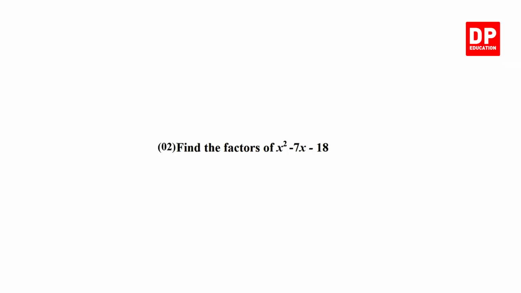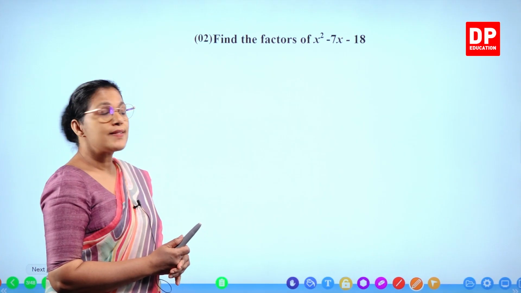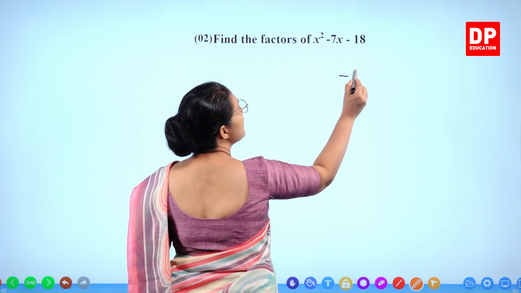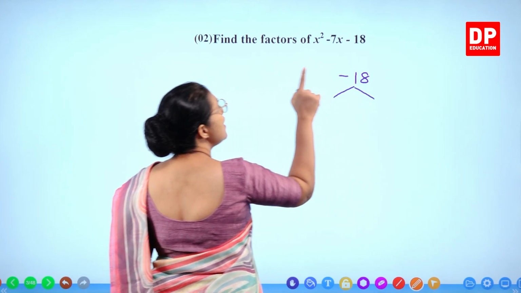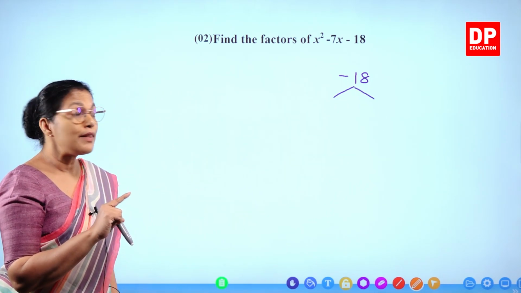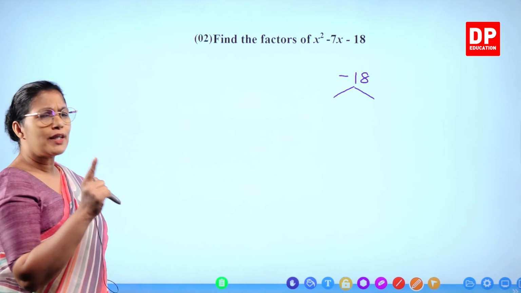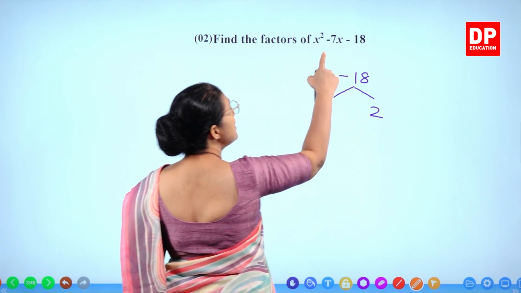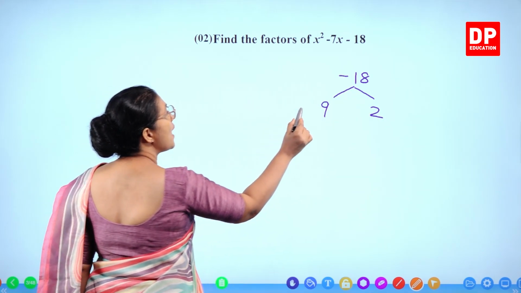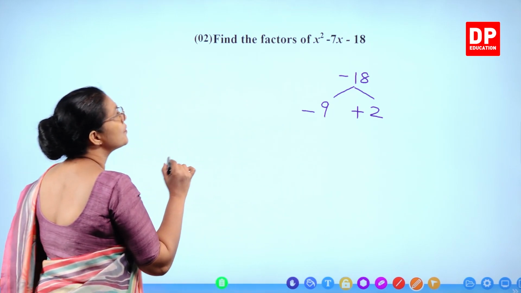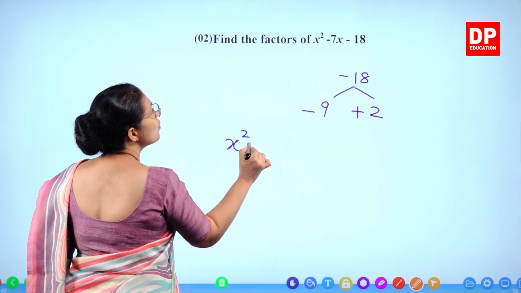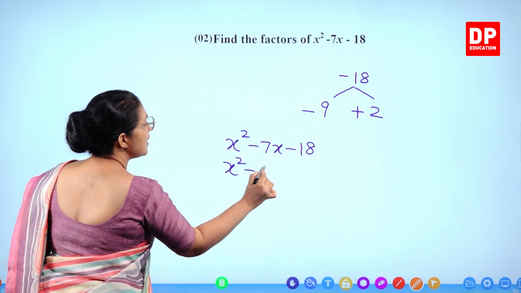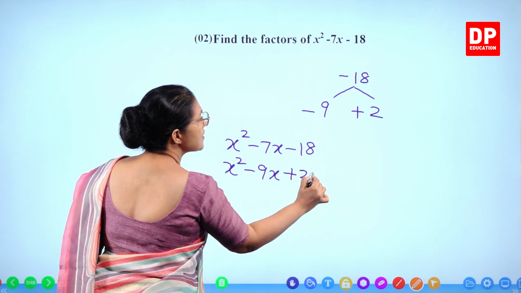Question number 2. Find the factors of x squared minus 7x minus 18. That's a quadratic expression. Find the factors of minus 18 which, when added, give the middle term minus 7. What are the suitable factors? 9 and 2, but the middle term is negative, so minus 9 and plus 2. Split the middle term into minus 9x and plus 2x.